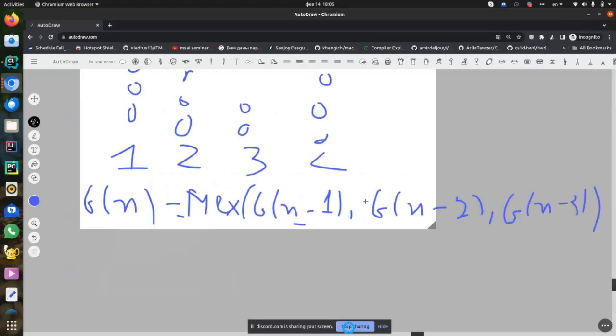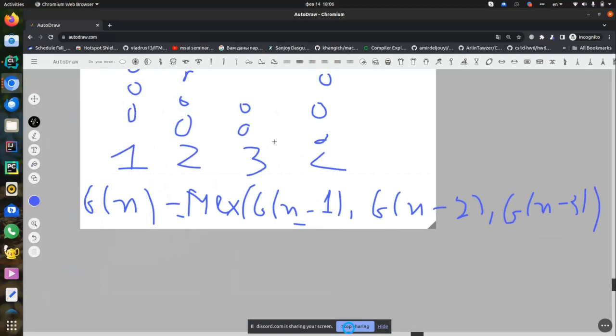So if we are thinking about this, Grundy for 4 is here, we have 3 and 2 and 1. But this is not a formula for all, because the problem is we can only take 1, 2, or 3 stones, not all.